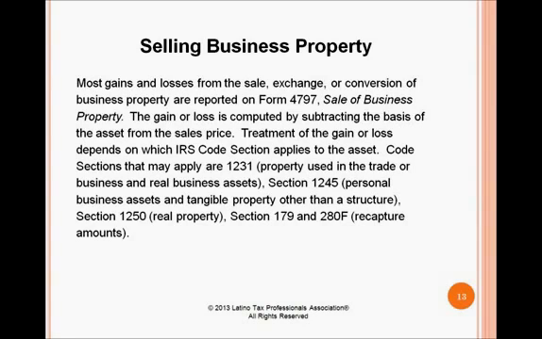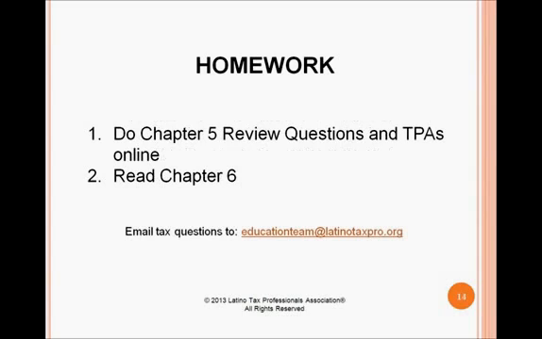And the difference is either a gain or a loss. It also depends on which IRS code section applies to the asset. I encourage you to do more detailed research to determine the proper section for the business property that you sold. This covers in general anything to do with sole proprietorship.